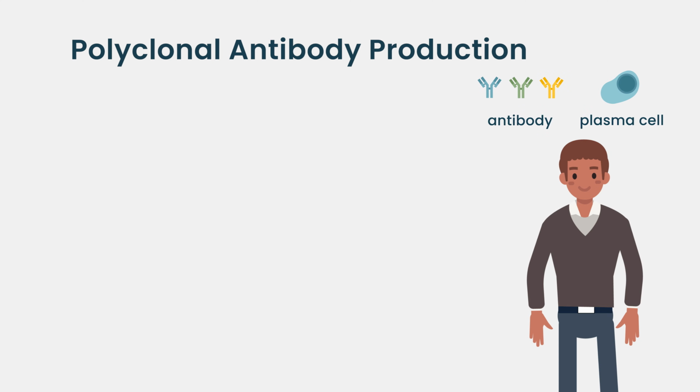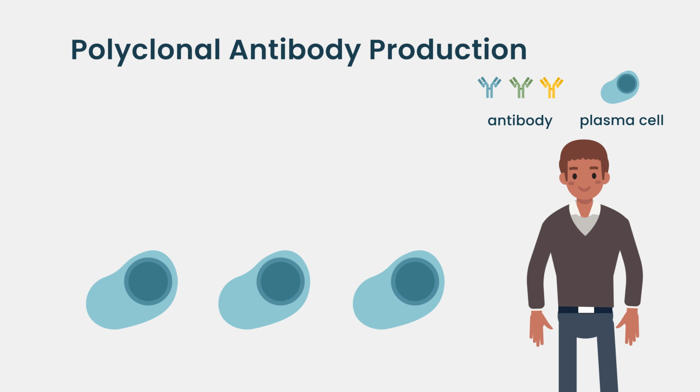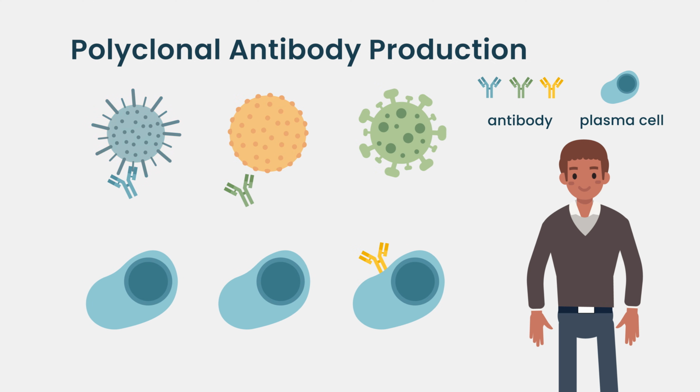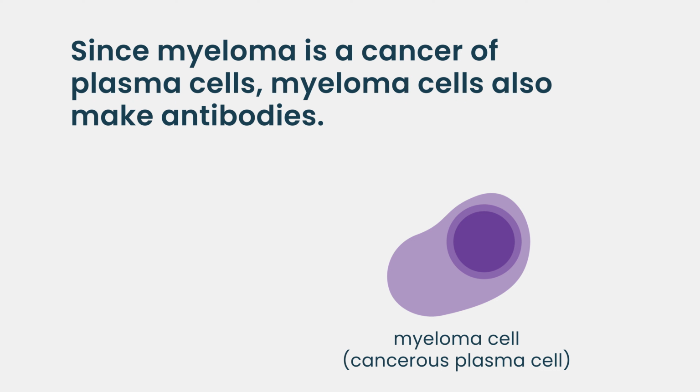In a healthy person, the body usually makes many clones of many different plasma cells, which each make their own antibodies. These antibodies fight off many different diseases. This is polyclonal because there are many clones of many distinct plasma cells. Myeloma is a cancer of plasma cells, and since it is derived from plasma cells, it also makes an antibody.